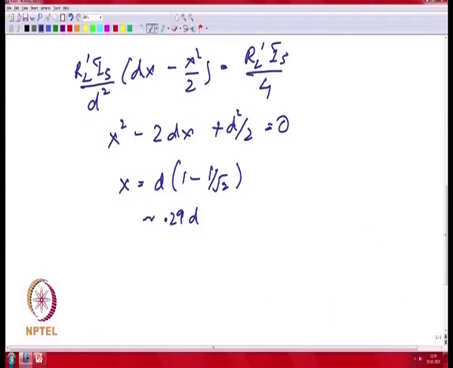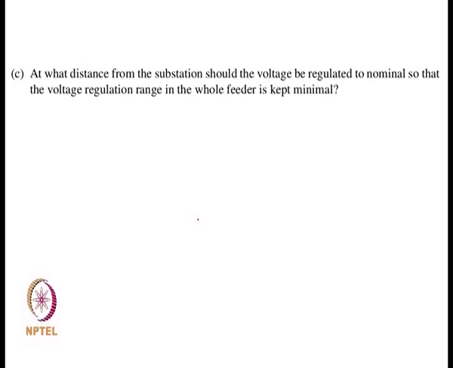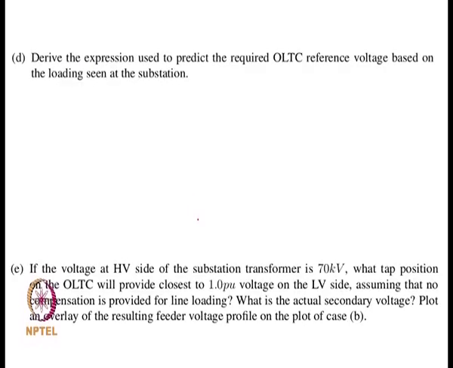So, in the next problem, we would like to see what could be an expression that could be used at the transformer to predict the reference voltage that is required at the substation end based on this loading that we have just derived, to ensure that the voltage regulation across the feeder stays in the required range.